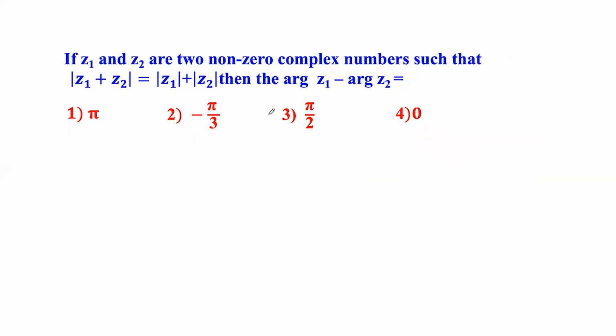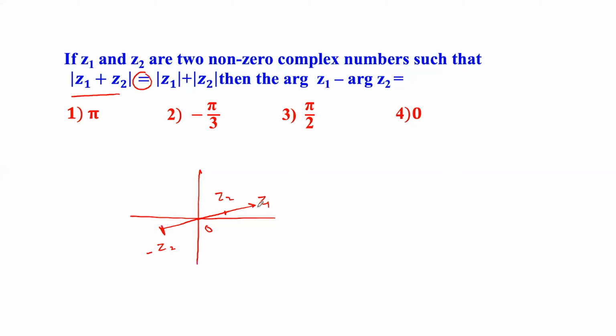But if I'm going for the question of the modulus, mod of Z1 plus Z2 is equal to mod Z1 plus mod Z2, then the argument of both? We have already seen that if there is an equality sign, it means origin, Z1 and Z2 are on the same line. So Z1 is there, Z2 is on this line only, and minus Z2 will be here only. This is the origin.